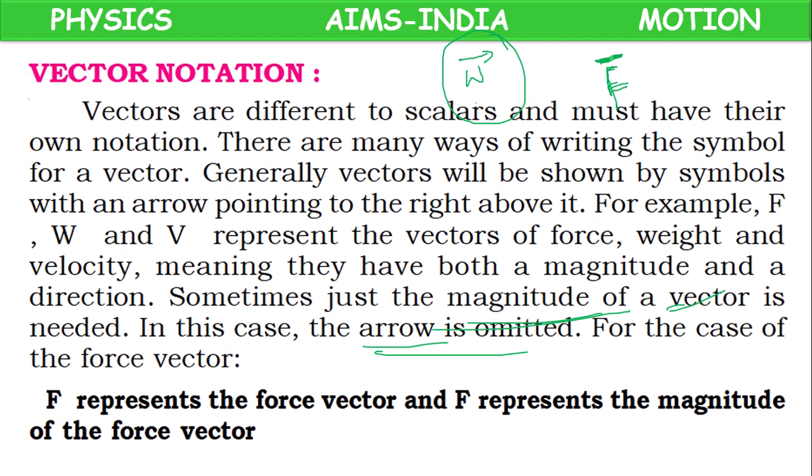So F with a line and arrow mark represents the force vector, but only F bar without an arrow mark represents the magnitude of the force vector.